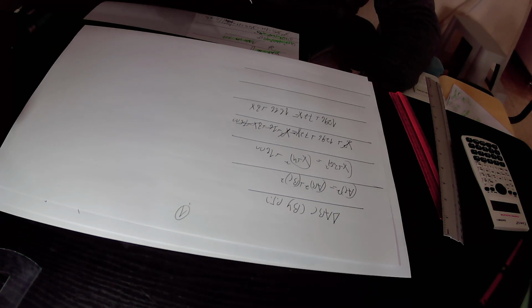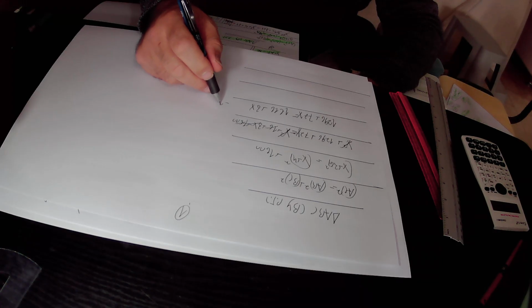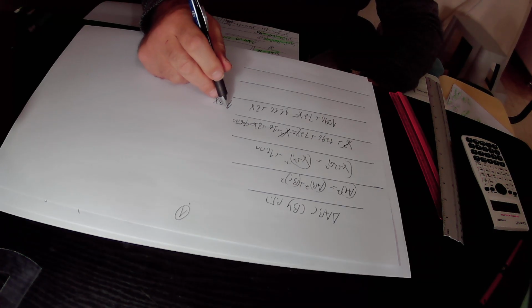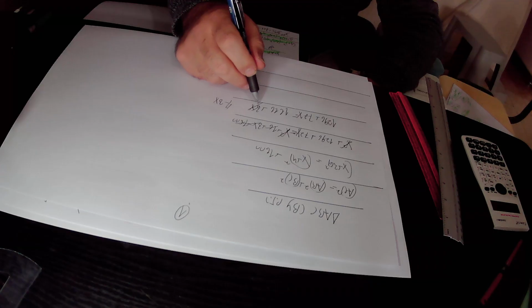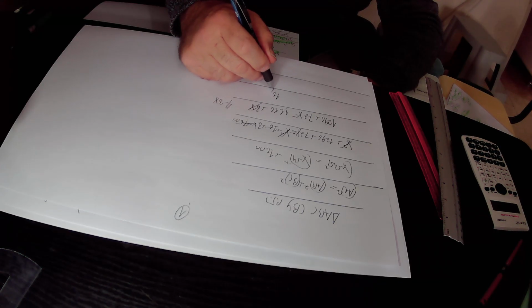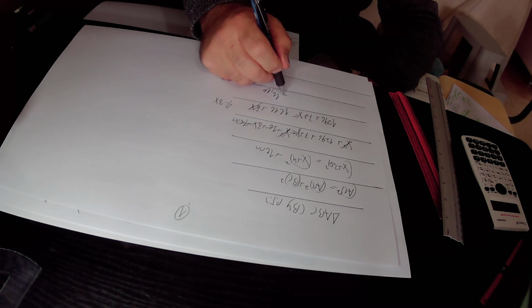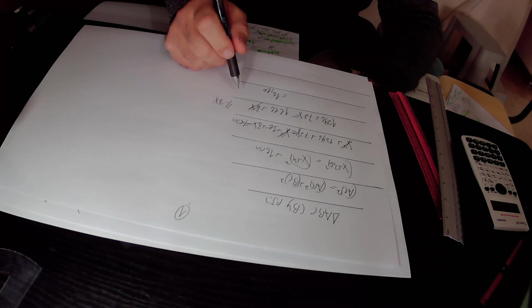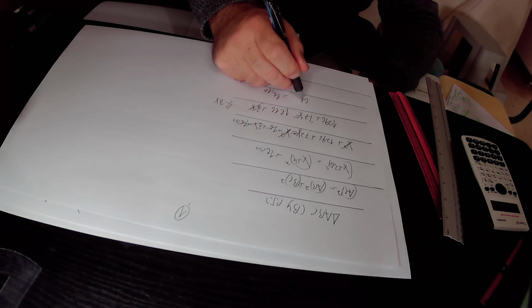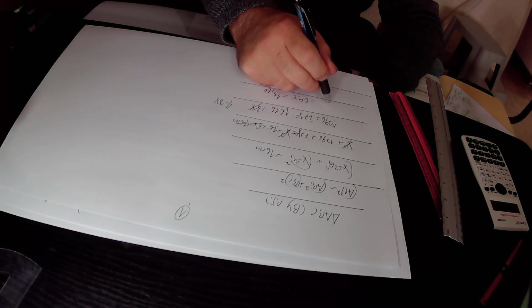So here we subtract 8x from this equation. Here 8x gets cancelled, while on the other side we are left only with 1616. While on the first side of the equation we have 72x minus 8x is 64x plus 1296.